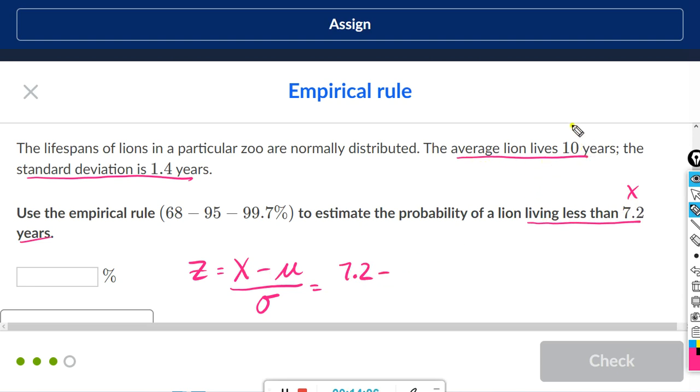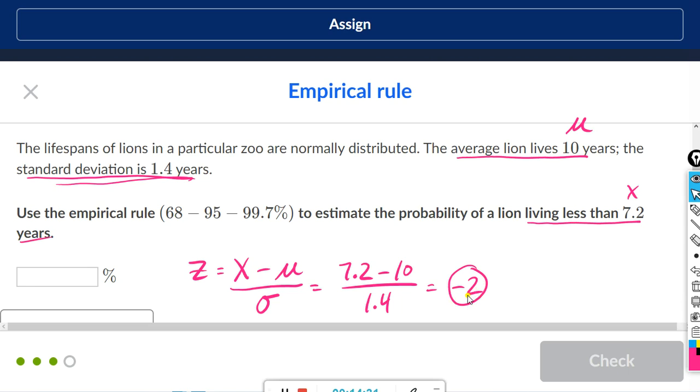Mu is our average or mean, so that's a 10. And sigma is your standard deviation, that's 1.4. So I'm going to do this on the calculator. Okay, and I got z equals -2.